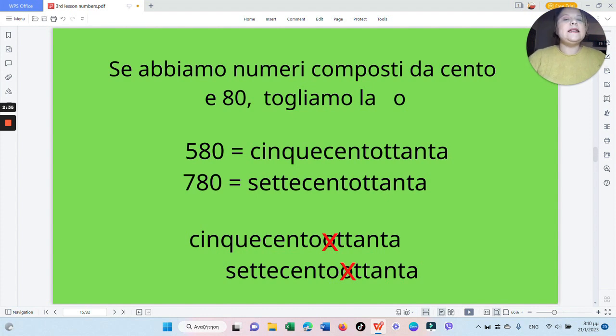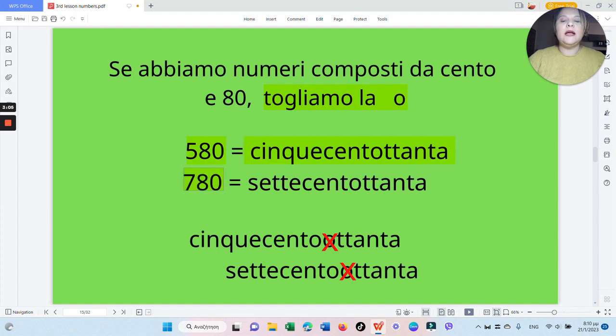So, se abbiamo numeri composti da 100 e 80, togliamo la O. If we've got numbers that have 180, we eliminate O, the vowel O. 580, and not with both O's.